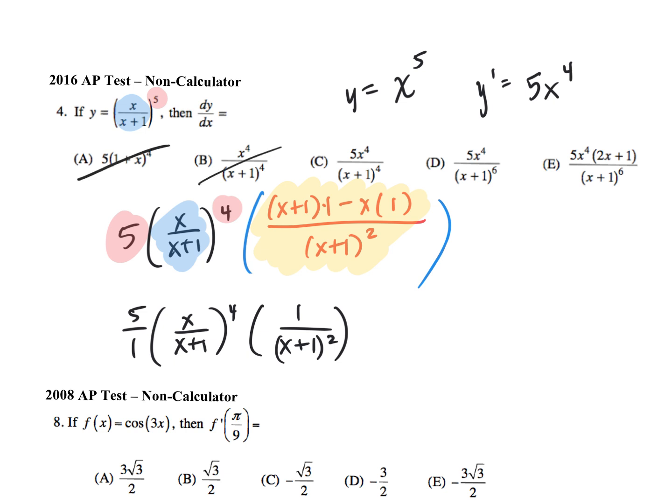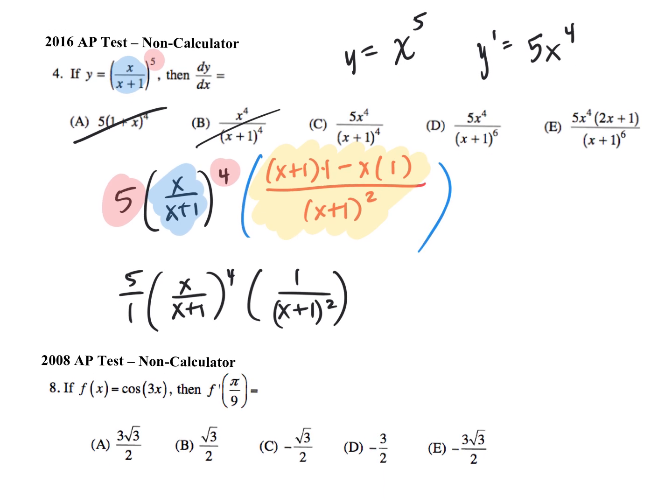And then what do we have on the bottom? And I'm going to just remind you, we could rewrite this as x to the 4th. This is really x to the 4th over an x plus 1 to the 4th. That 4th has to go to the top and the bottom. So this is just me. Is this looking like an answer?